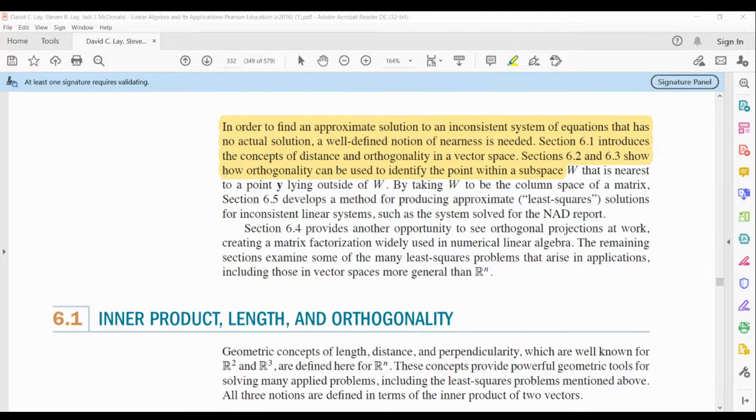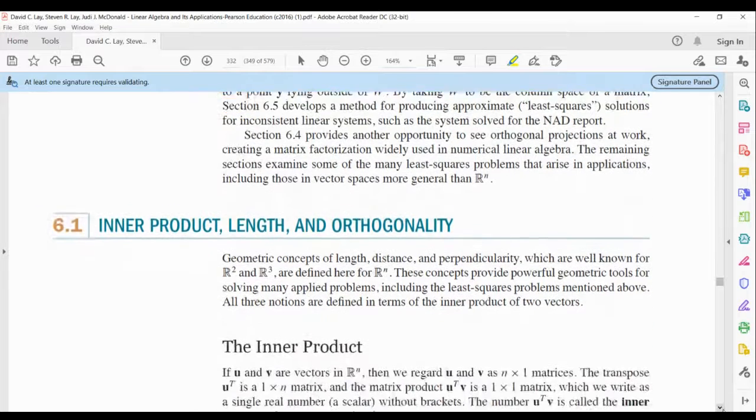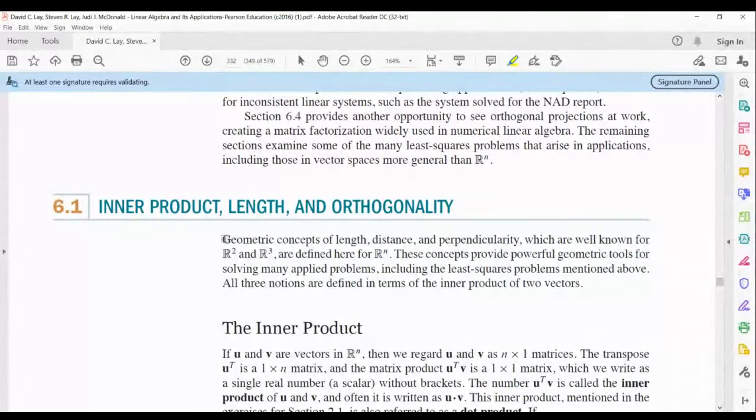So I want to give you a little guided tour here of section 6.1, because I think the concepts are going to be pretty straightforward. So they start off by saying that geometric concepts of length, distance, perpendicularity are well known for R squared and R cubed, right?